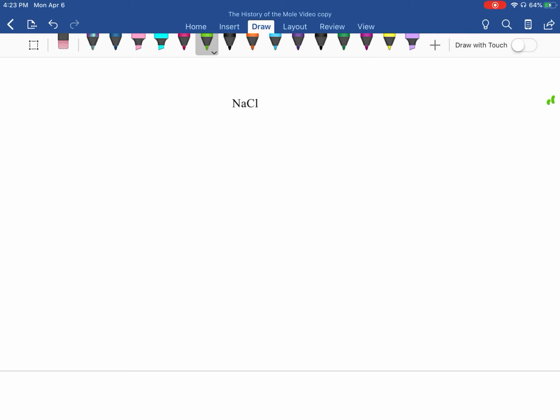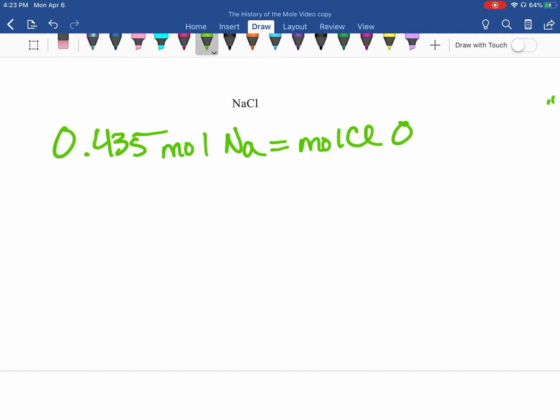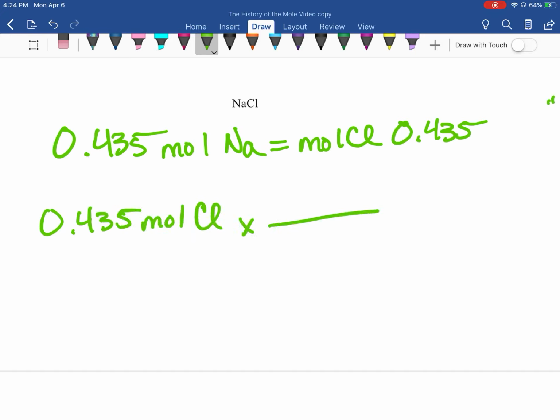So let's take that 0.435 moles of sodium and recognize that we need the same moles of chlorine. So that is 0.435. And then let's take that and convert it to grams. That way we know in the lab what we're going to weigh out.